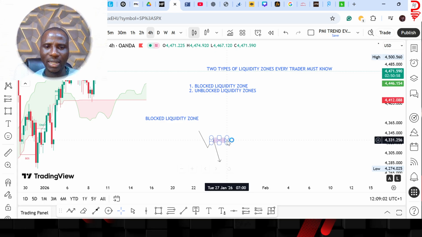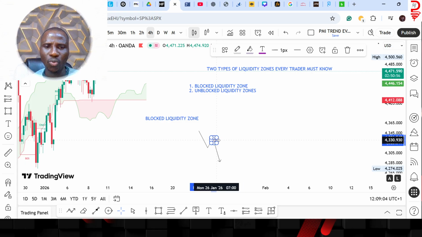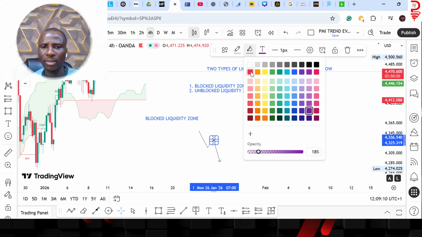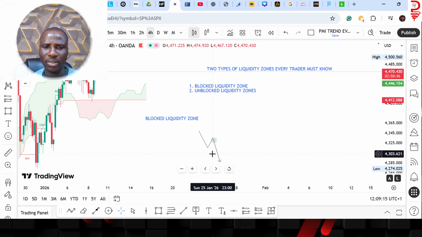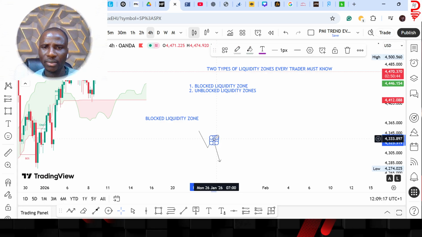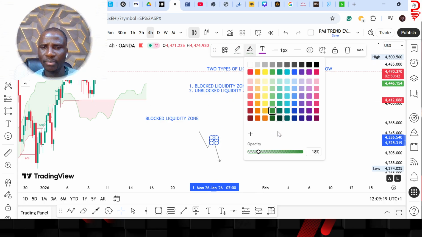This particular order block is what will now form your zone. Suppose you have a green candle around this place.